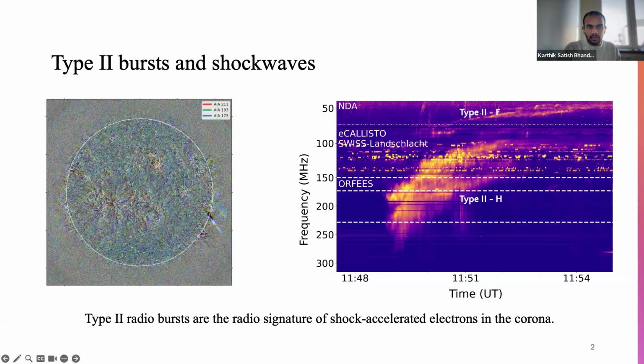The reverse has also been observed: sometimes the fundamental is stronger than the harmonic. So it's not usually the case. It's just for this event, and most of the metric type 2 emission, that we see the harmonic emission being more intense than the fundamental.